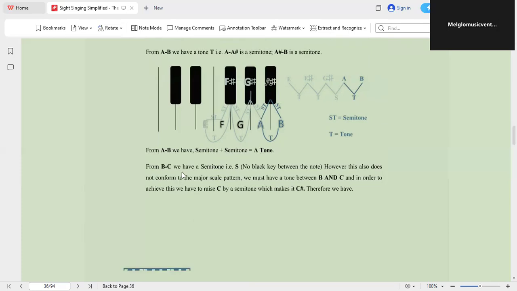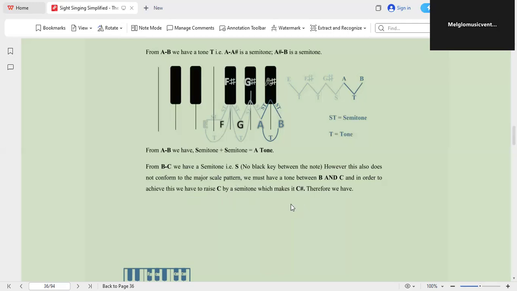From B to C, we have a semitone, that is, no black key between the notes. However, this does not conform to the major scale pattern. We must have a tone between B and C. And in order to achieve this, we have to raise C by a semitone, which makes it C sharp.